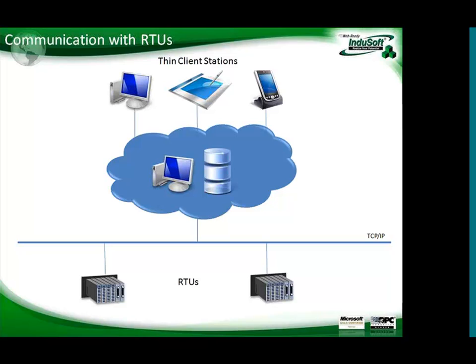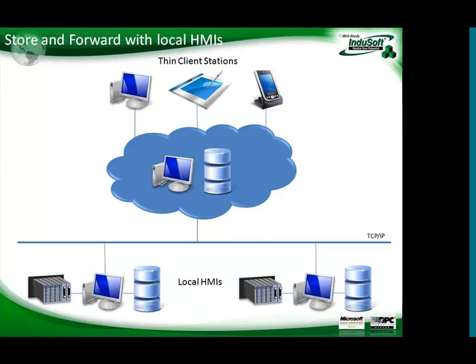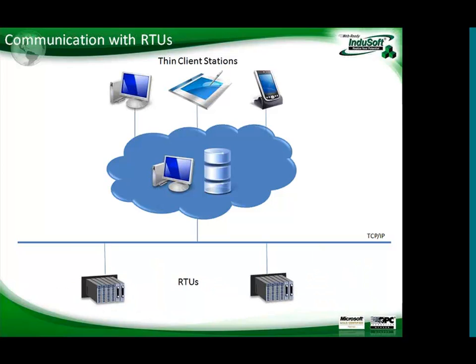Even though we have seen several applications communicating with RTUs and things like that, and like Larry mentioned, the cloud provides you a lot of tools to make sure that your server has high availability, redundancy, and data storage and everything else.